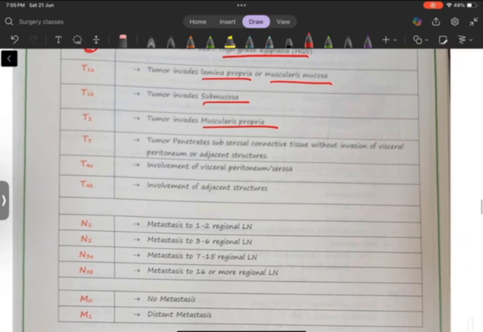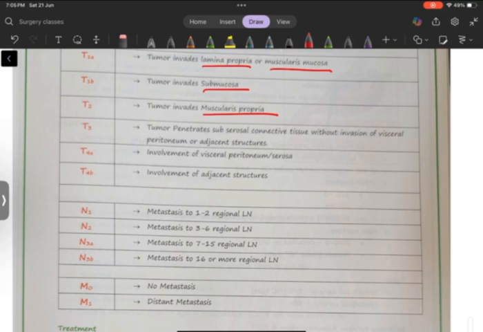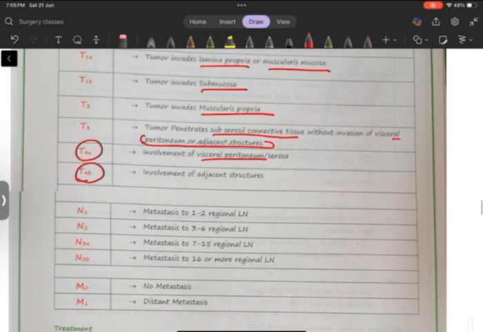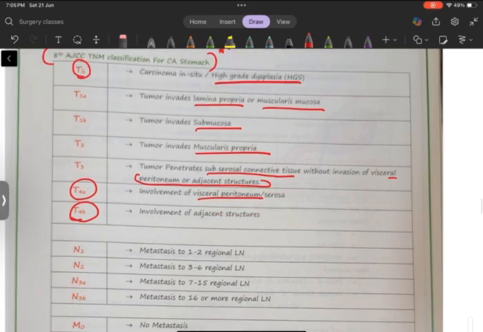So basically if you know the layers of the stomach, TNM staging is easy. T3 tumor penetrates the subserosal connective tissue without invading the visceral peritoneum or adjacent structures. If it involves the visceral peritoneum, then T4A. If it involves adjacent structures, then that is T4B. Okay? So basically it starts from the lamina propria and ends in adjacent structures.